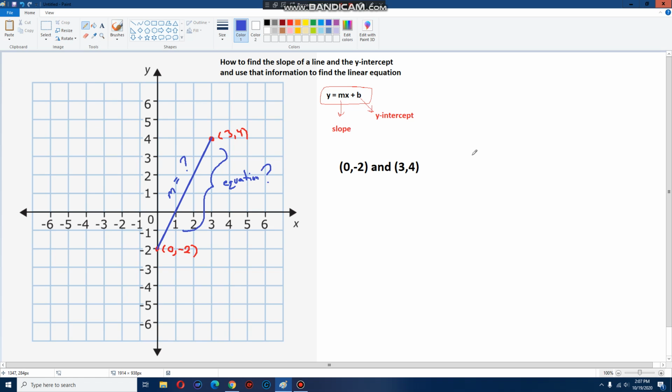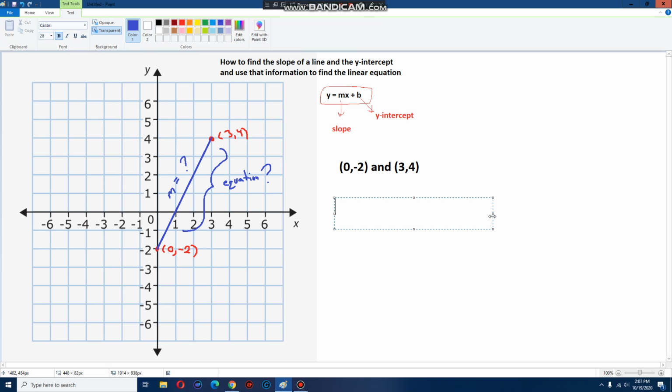In order to do this, we're going to follow a two-step process. The first step, step number 1, is we need to find the slope between these two coordinate points. In order to find the slope, we need a formula.